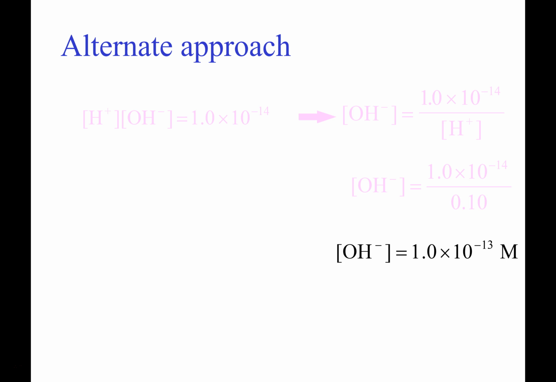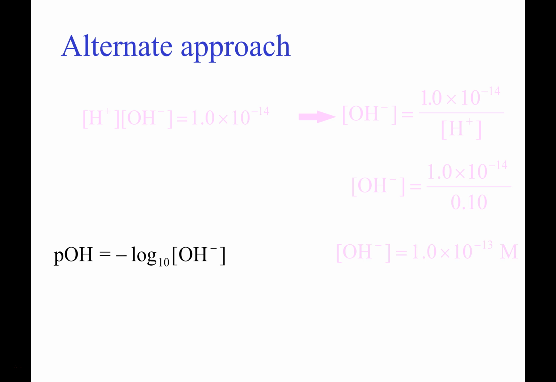And it should match, so both ways. So now we have hydrogen ion, hydroxide ion. Now we need to get the pH and the pOH somehow. On your calculator, go ahead and take the negative log of 1.0 times 10 to the minus 13, and you should get the pOH.